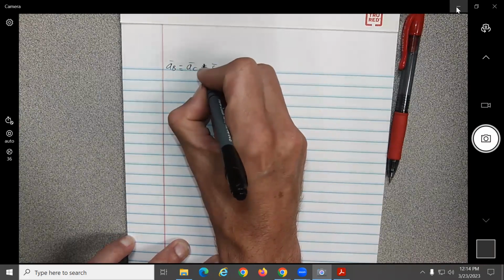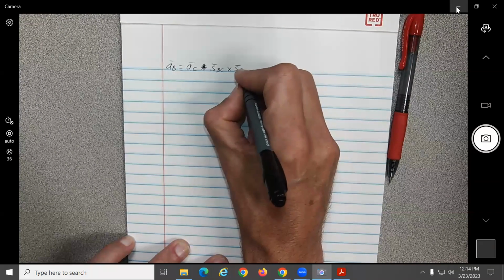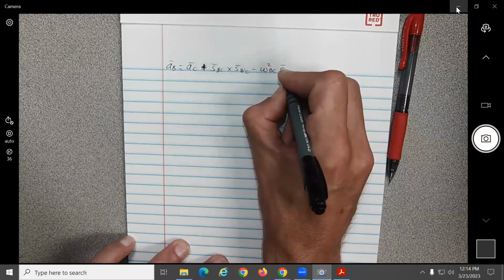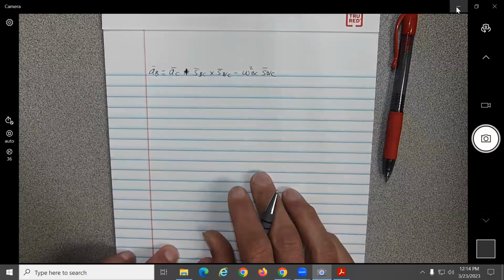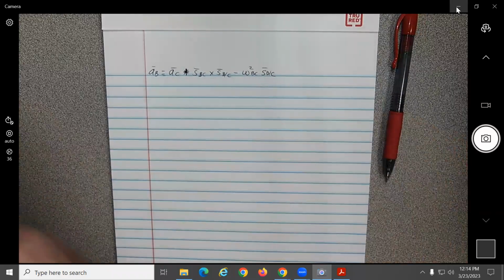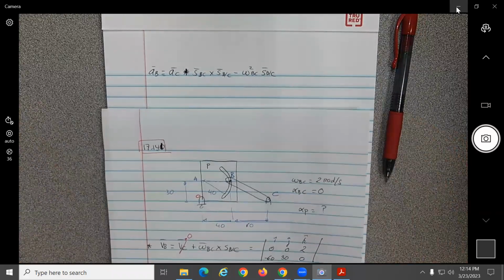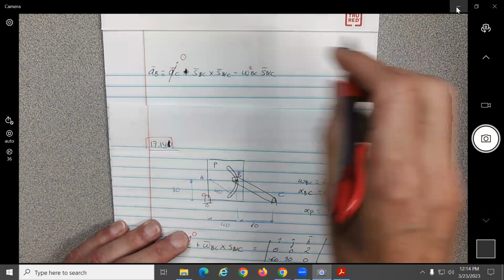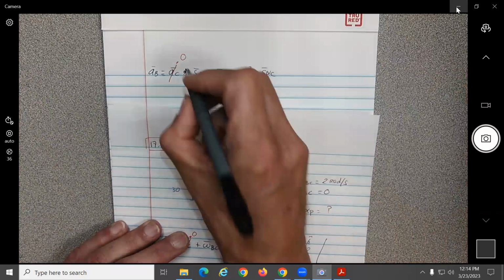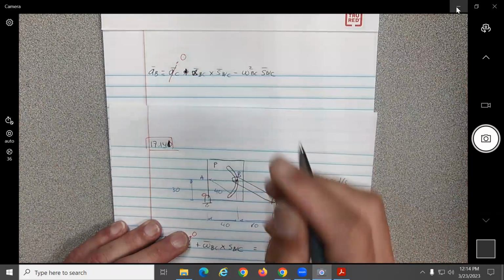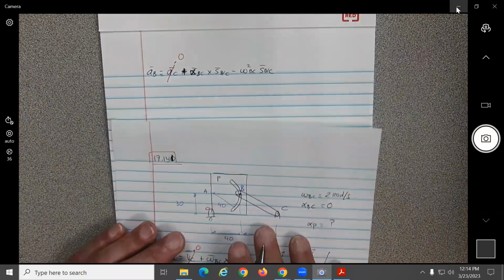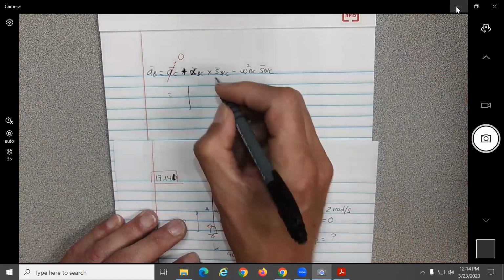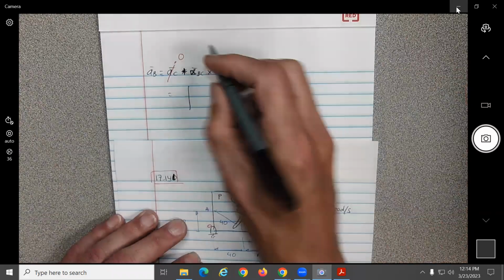Plus alpha of B with respect to C minus omega squared BC times the position of B with respect to C. So remember, this is this bar over here, no? So what is the acceleration of C? 0. This is alpha. I started to go too fast, okay? That has to be C. Now this will be equal to, oh, alpha was constant, no? So this is 0 as well.